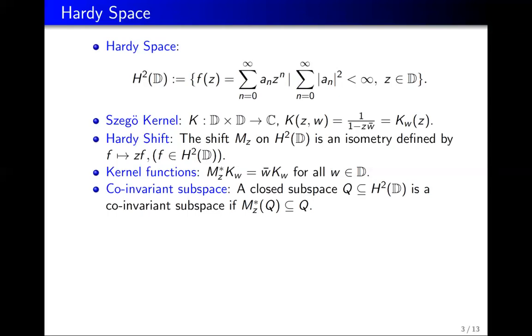It's an eigenvector of M_z star with eigenvalue w bar. In fact, instead of taking one such kernel function, you can take the span of a finite number of such kernel functions. That also gives you finite dimensional coinvariant subspaces.